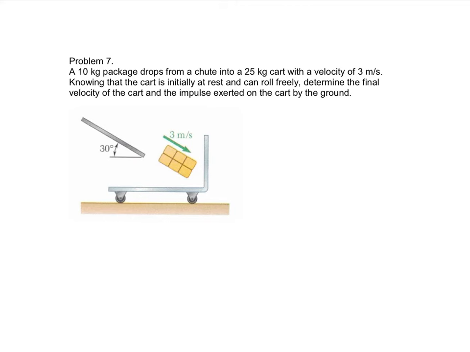Conservation of momentum. So conservation of momentum: the initial momentum plus any impulse, I'm going to say, a force times T, is equal to the final momentum. You could rearrange that, write that however you want to. That's how I like to do it.